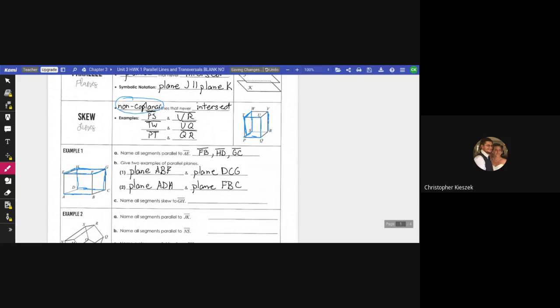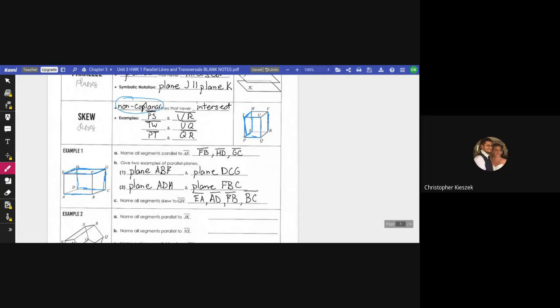So everything else here would be skewed to it, anything that's not traced. So line segment EA, line segment AD, line segment FB, and line segment BC. All right, so that's how you do that example there.